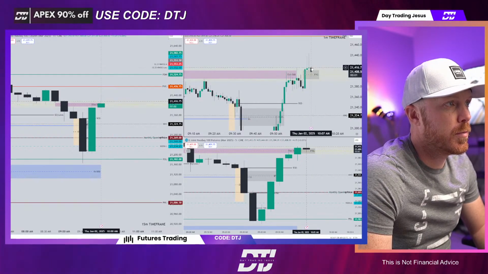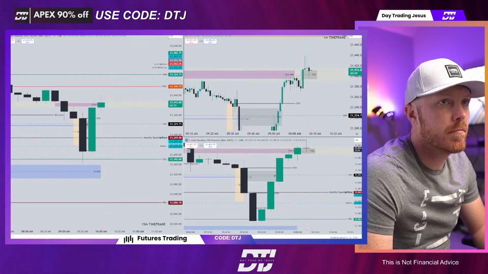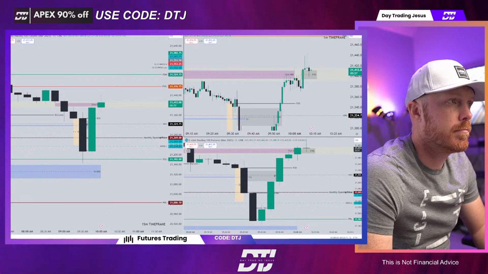This could be a propulsion block for us to move higher here. We'll see if it wants to do that or not.